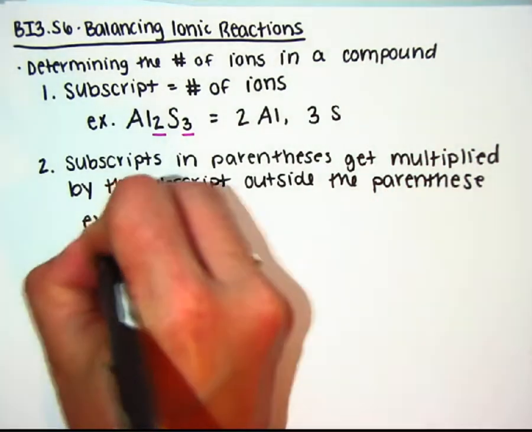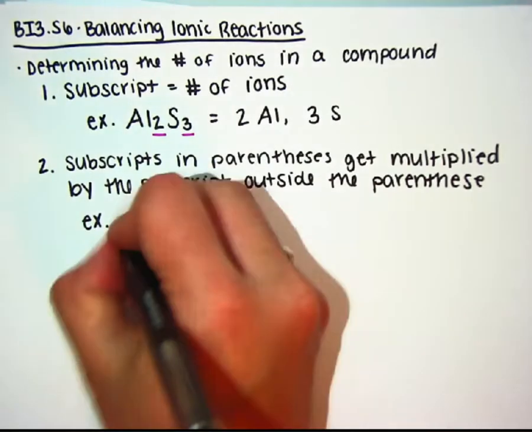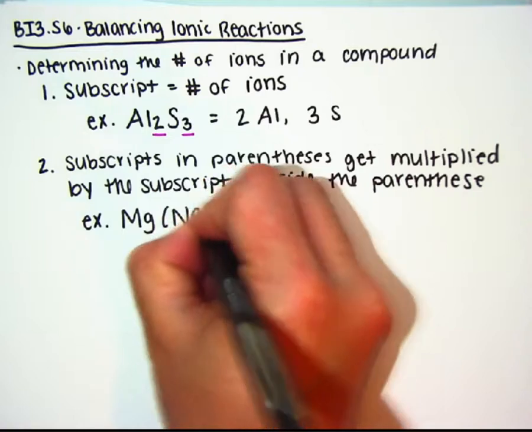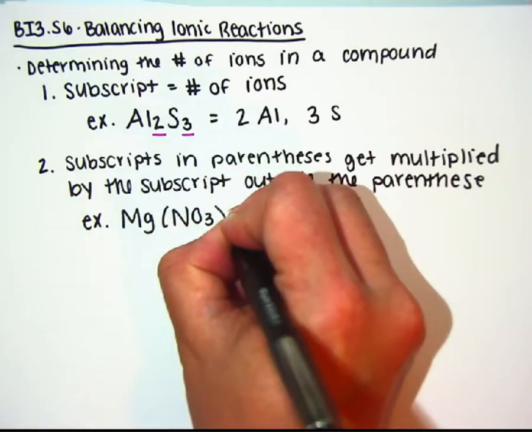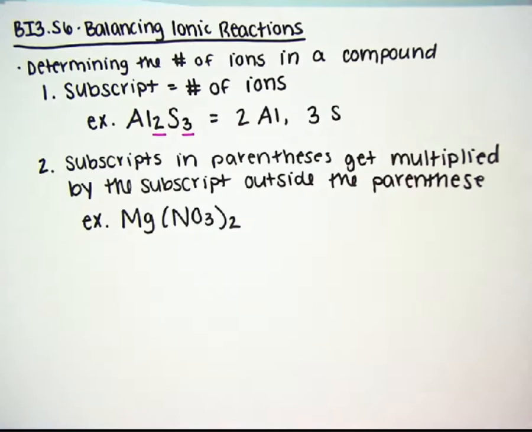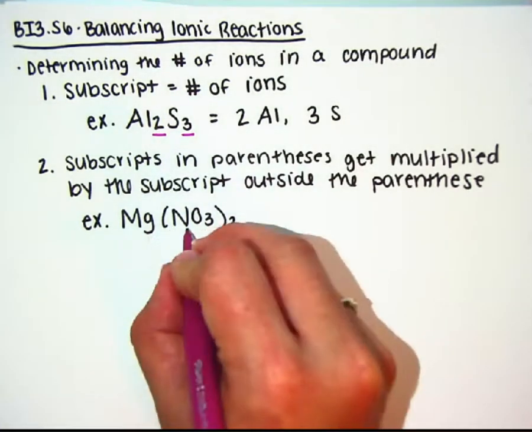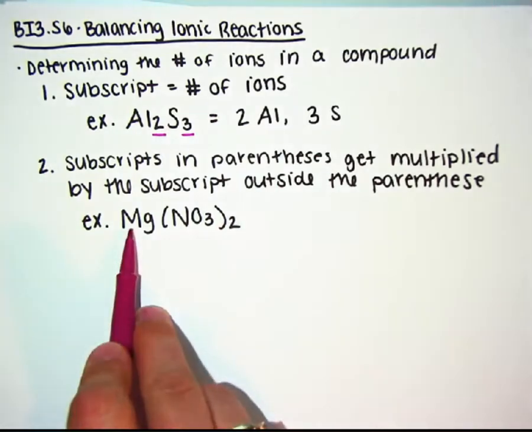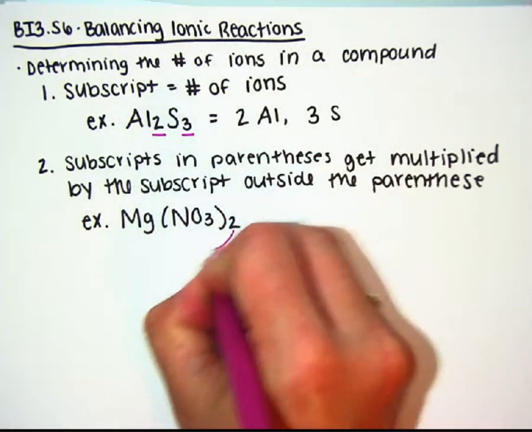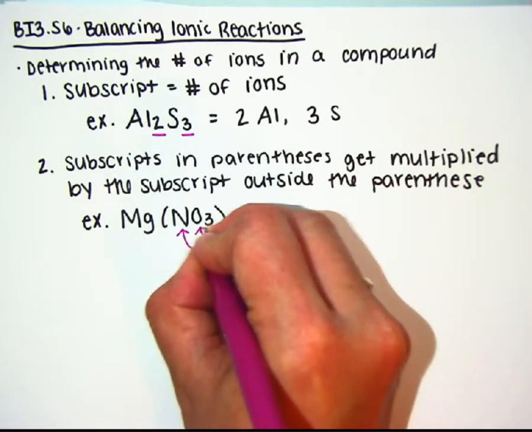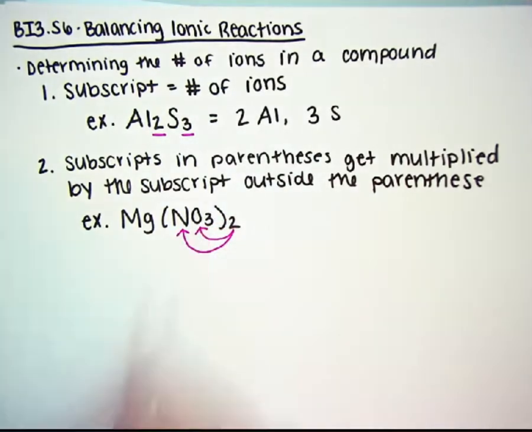Let's say I had magnesium nitrate, my formula Mg(NO3)2. So just like a number outside the parentheses in math, it gets distributed to everything inside. Same thing in chemistry, but it only goes to what's in parentheses, so it wouldn't go all the way to magnesium. It is going to get multiplied in, and it is going to get distributed to both the nitrogen and the oxygen.